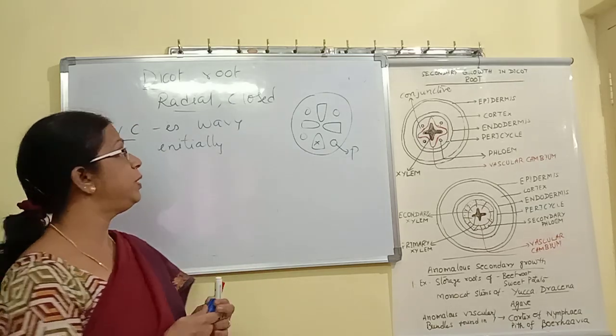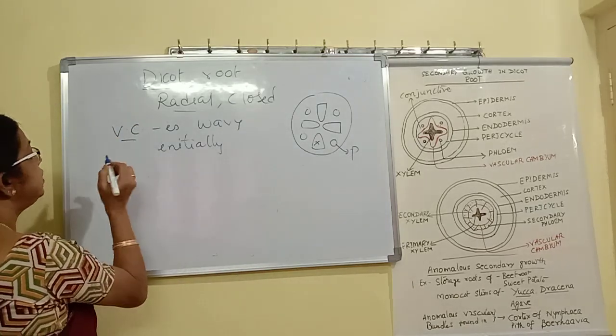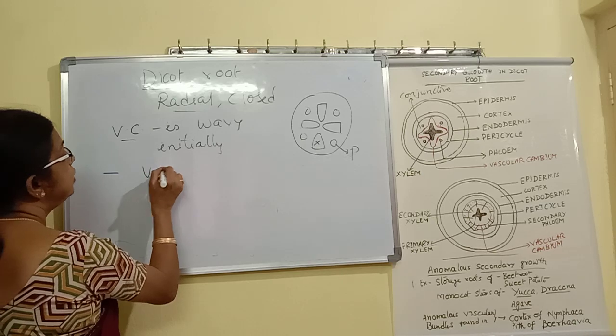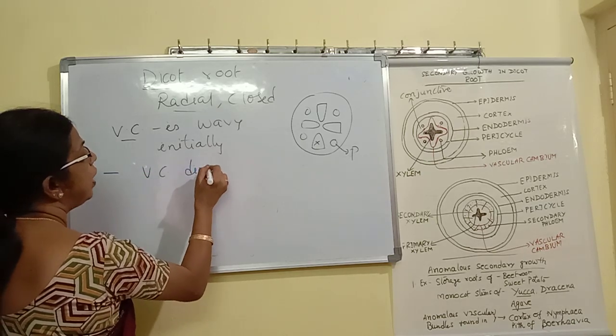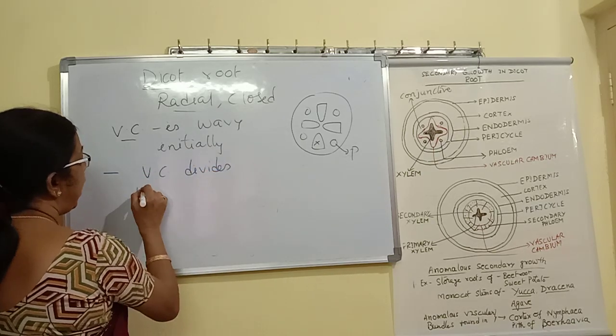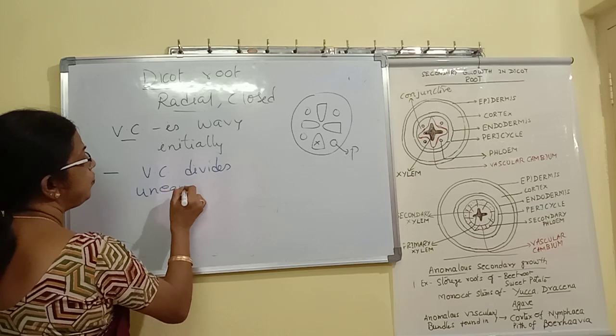Next change. Initially it is wavy and then the vascular cambium divides unequally.